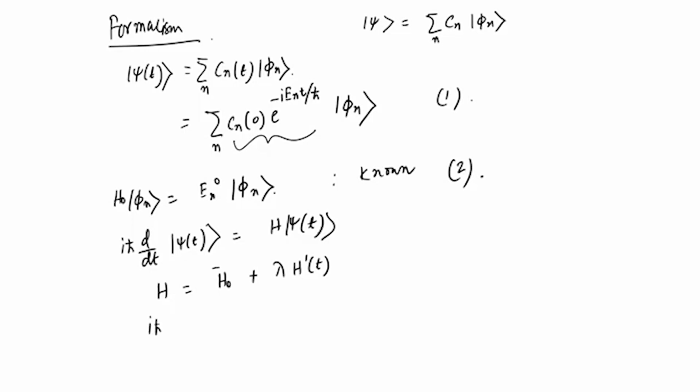So, we have i h cross d/dt of psi of t equal to H 0 plus lambda H prime of t acting on psi of t.